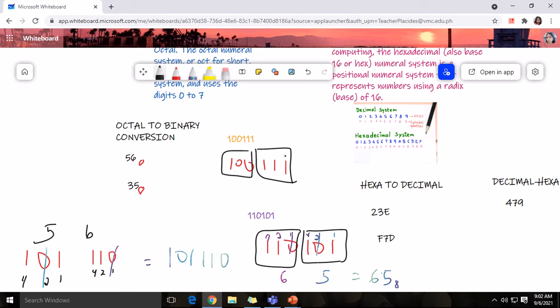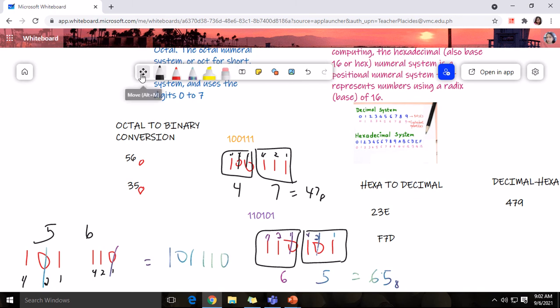So think 1, 2, 4, 1, 2, 4. So 4 plus 2 is 6, plus 1 is 7. And this one has no value. So 4 for this one. So the correct answer is 47 in octal. Okay? Okay, next.